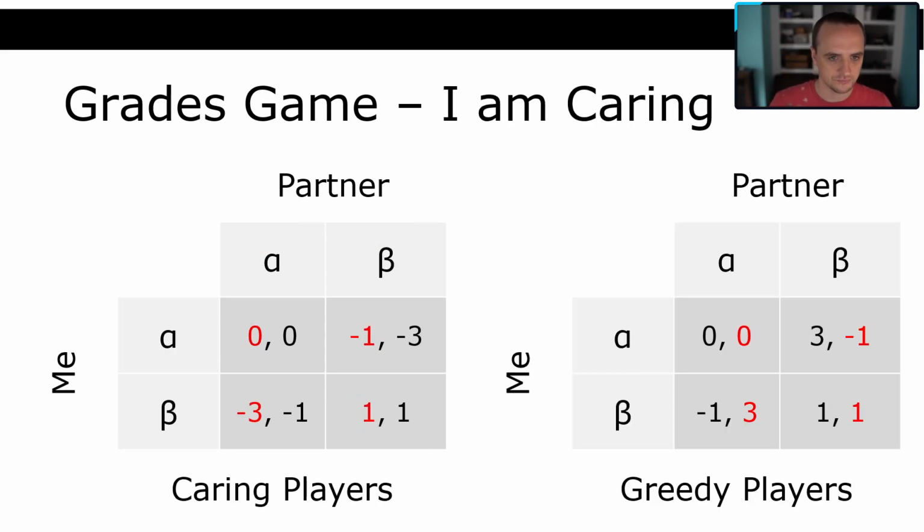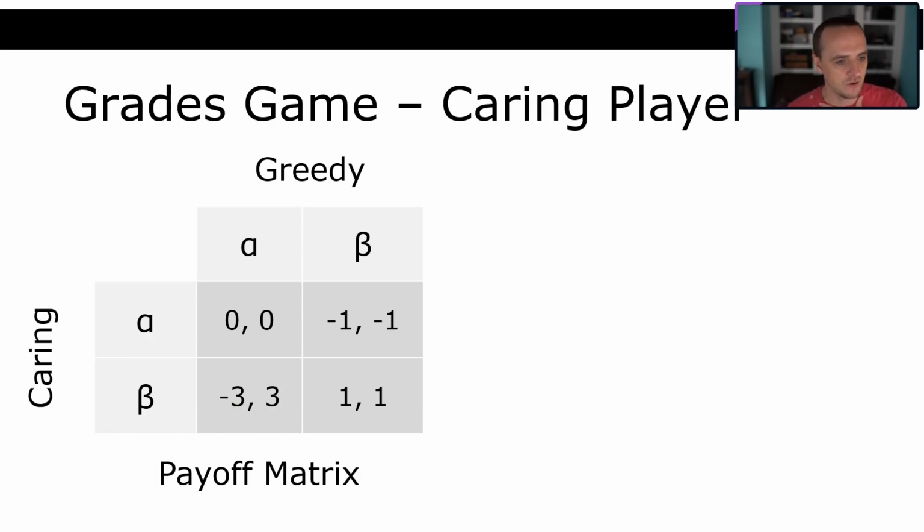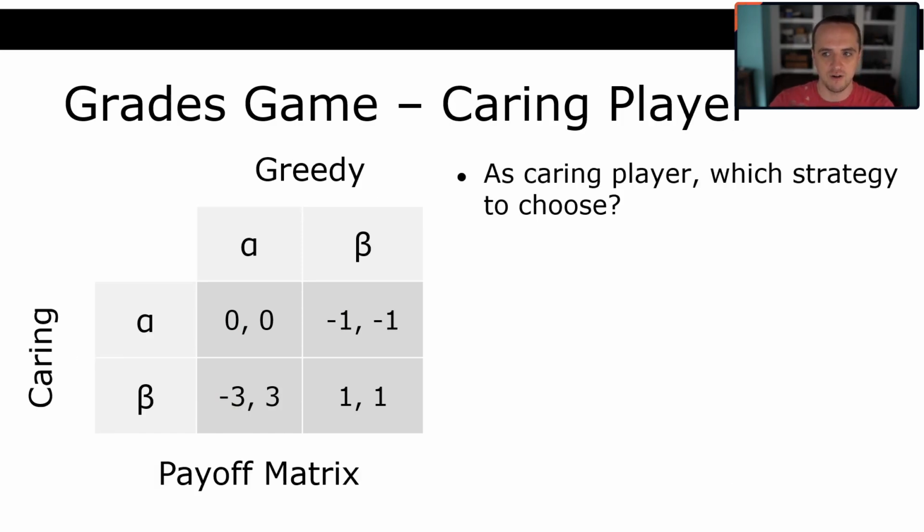So let's switch it now so that I'm the caring player, and we'll do the same thing, all right? So if I'm the caring player now, as the caring player, which strategy do I choose? So let's first look and try and calculate, well, if I want to ask which strategy do I choose, I see, is there a dominated strategy? So let's look.